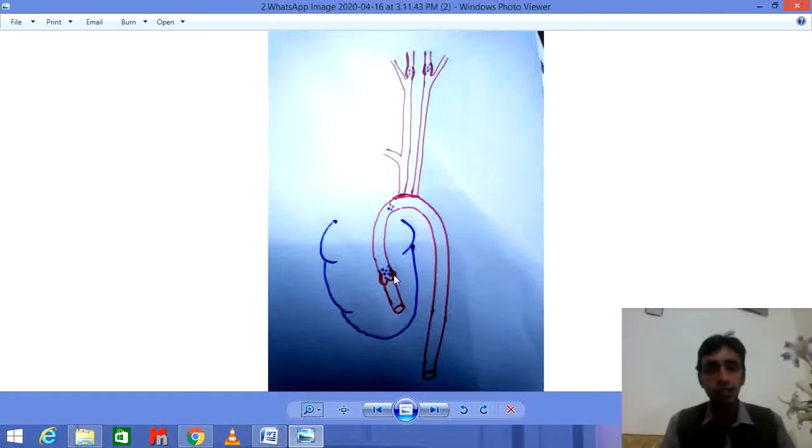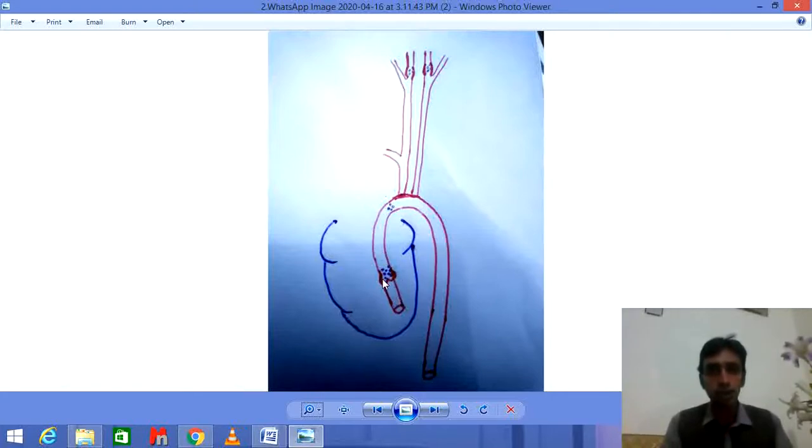You can see in the ascending aorta, this is the aortic wall, but near the aortic wall you can see that the blood vessel, the ascending aorta, is a bit flattened. This part of the aorta is dilated.